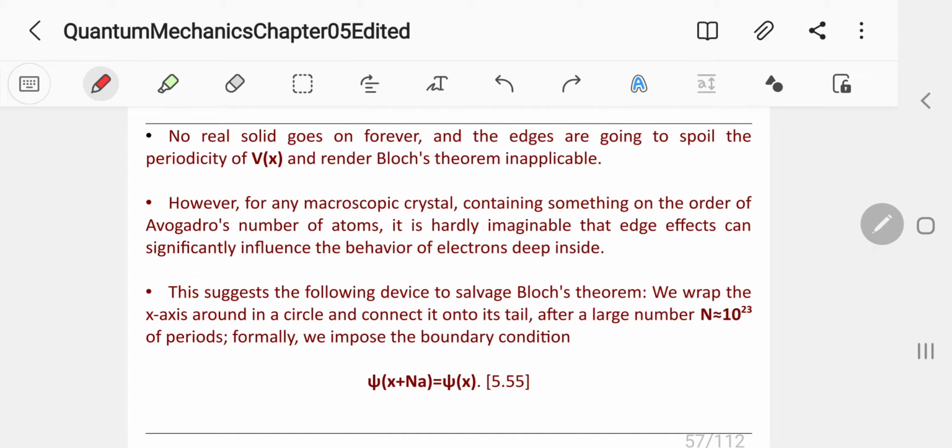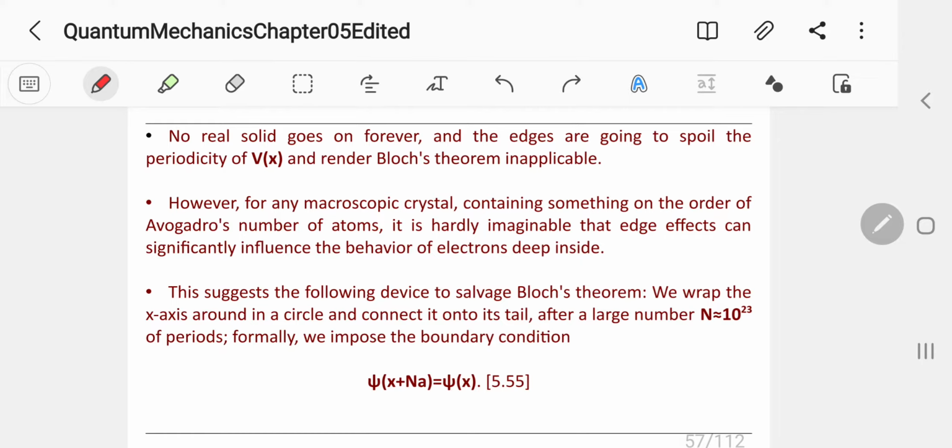No real solid goes on forever. So the periodicity of the potential will be spoiled. So we're going to apply Bloch's theorem such that it will seem that the solid goes on forever.